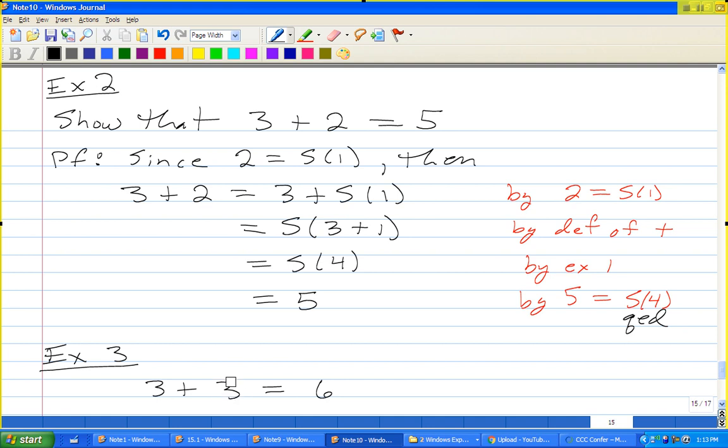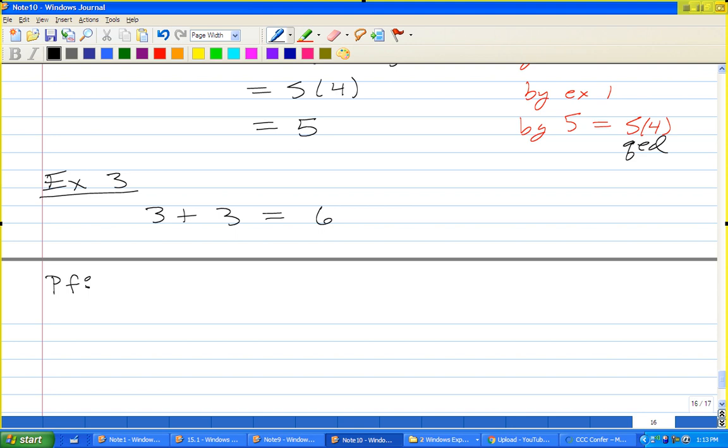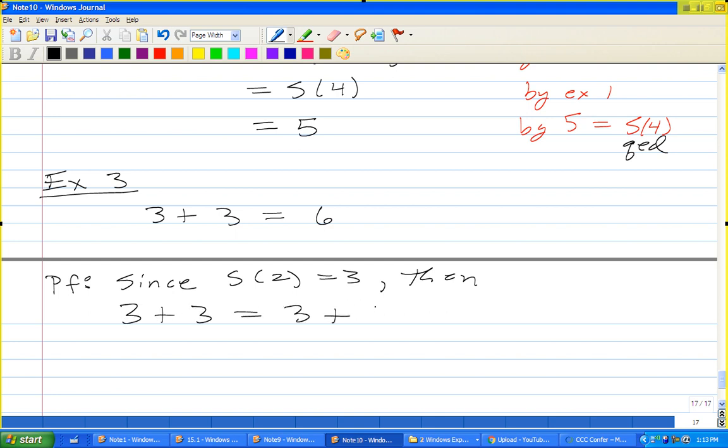What's the successor of what number is 3? Well, 2. So since the successor of 2 is 3, we have the following. 3 plus 3 is the same as 3 plus the successor of 2. Okay, this is since 3 is the successor of 2.